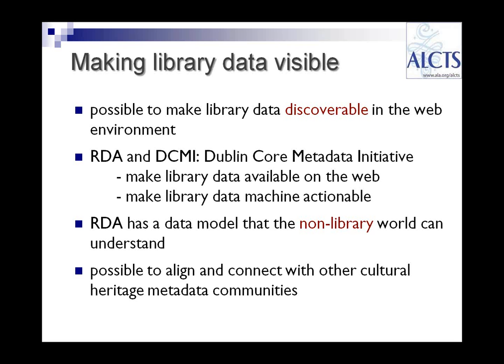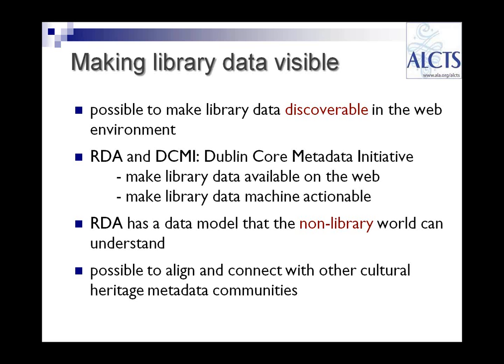And there is work going on right now in terms of preparing for that step with the Dublin Core Metadata Initiative. They are looking at making library data available on the web and also making it machine actionable, so preparing it to function within the semantic web as well.